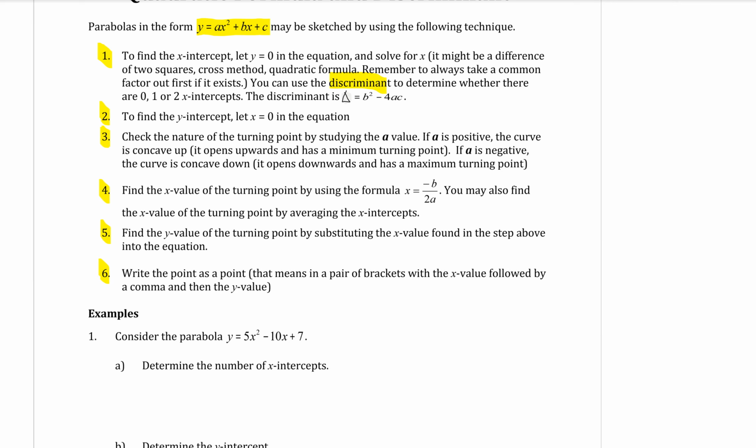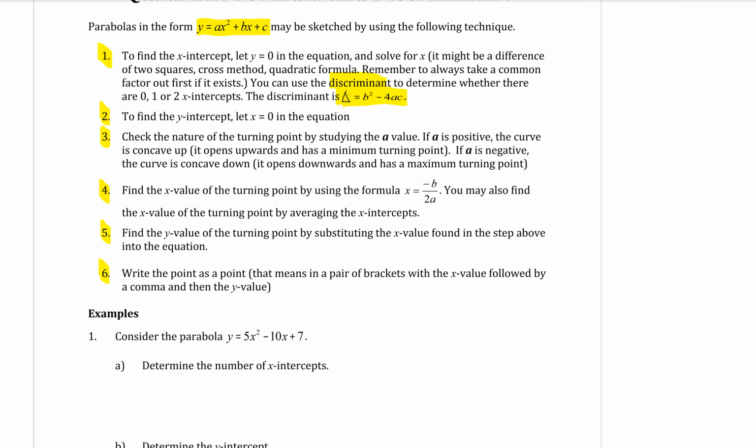Remember that the discriminant is b squared minus 4ac. If you sub your values for a, b, and c into your discriminant and you get a negative number, you know that you're not going to have any solutions to that quadratic. So factorizing it or using the quadratic formula, you're not going to be able to get a solution.